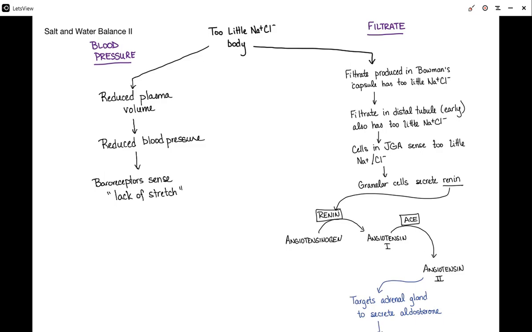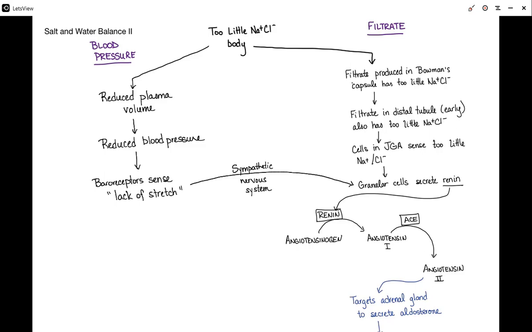And that's basically going to trigger the sympathetic nervous system, which synapses onto the afferent arteriole cells and therefore also the granular cells. It's going to go ahead and trigger secretion of renin.